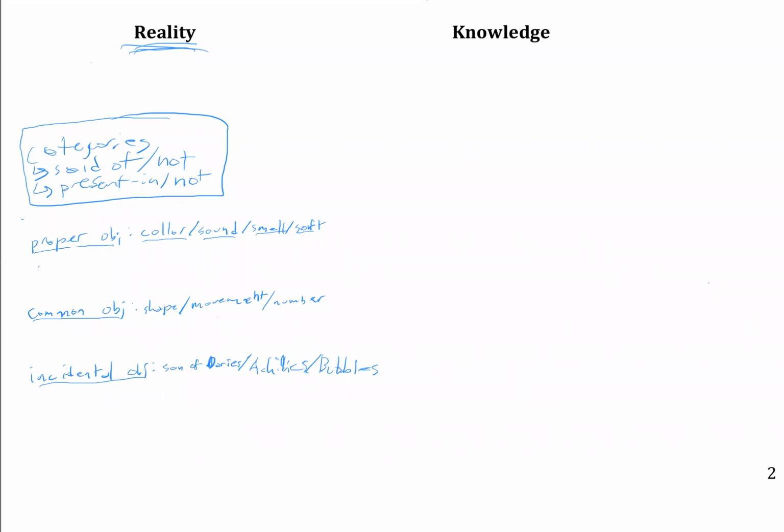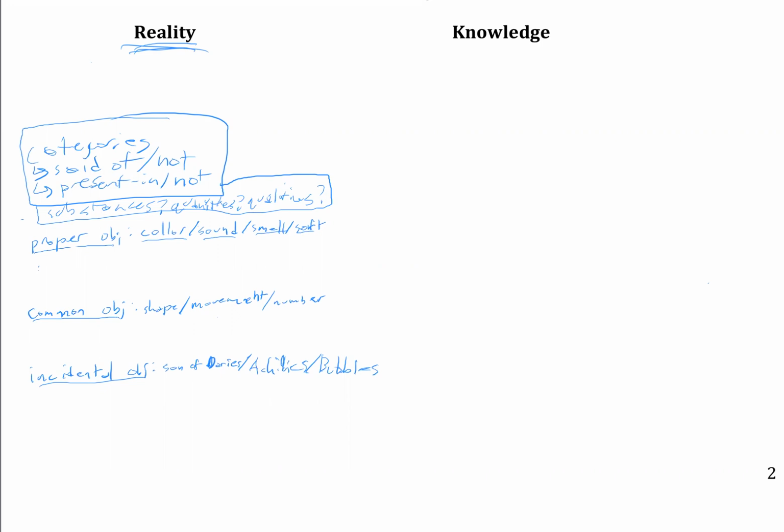And in particular, are they substances, quantities, qualities, relations, etc.? So which of the ten categories do the proper objects of sense, the common objects of sense, and the incidental objects of sense belong to?